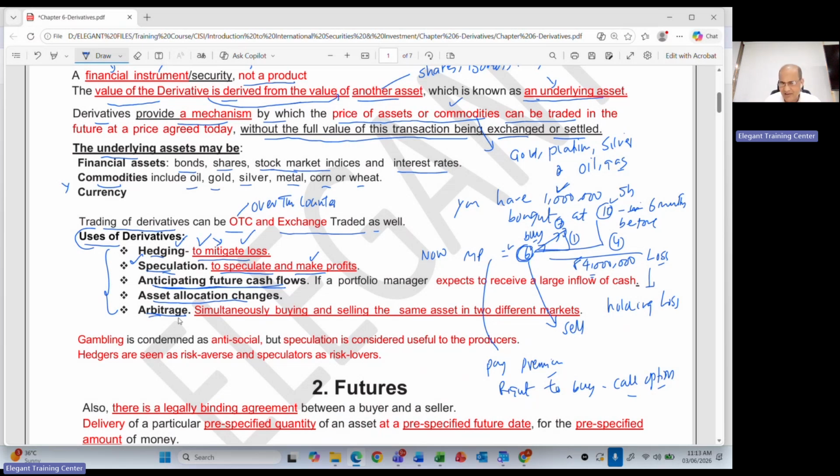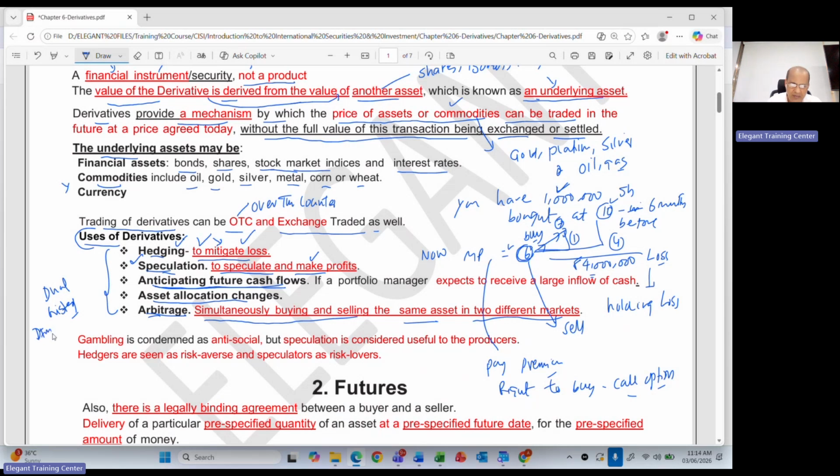Then coming to arbitrage: simultaneously buying and selling the same asset in two different markets, also called derivatives, right? Let's say MR company shares are at 11 dirhams. Let's say MR company is dual listed. Dual listed means it is listed in DFM, the Dubai Financial Market in UAE, and for example, it is also listed in the Indian market.